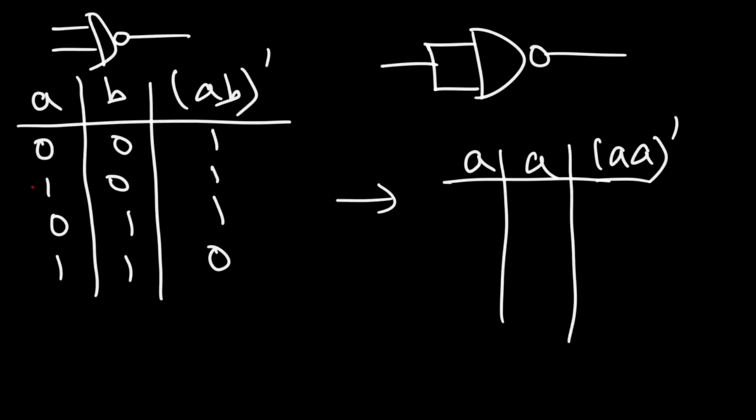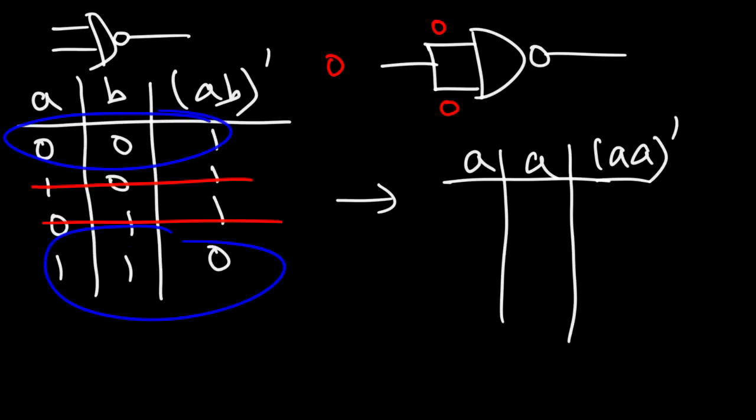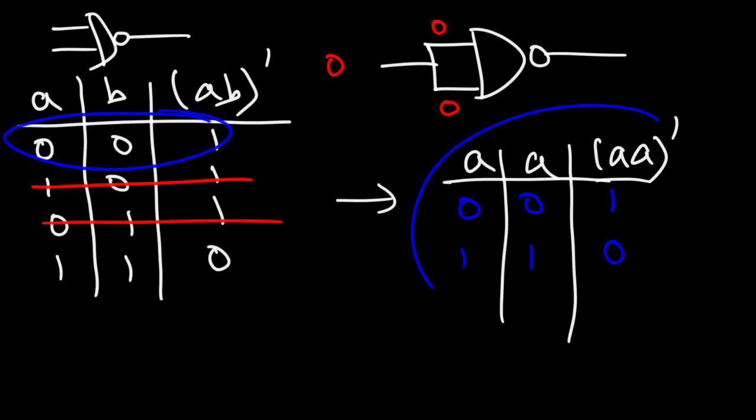So therefore, these two possibilities cannot work. Because let's say if this is A, this has to be A as well. So meaning, let's say if we have a 1, we can't have a 1 and a 0. That's not possible. It's either, if this is going to be a 1, both of these inputs will be a 1. Or if we have a 0 here, both inputs will be a 0. So these are the only two possibilities. So if we have a 0, the output is a 1. And if we have a 1, the output is a 0. And so this is the same table of a NOT gate.